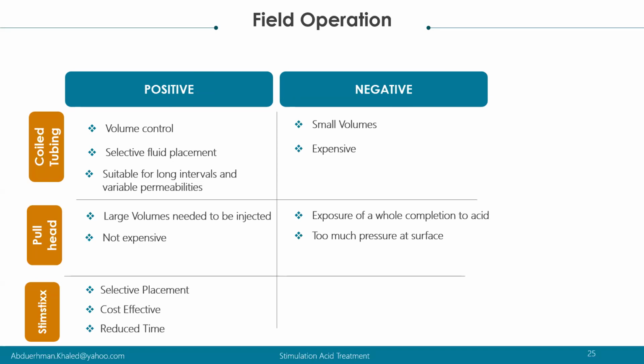When it reaches the interval that needs to be stimulated, the temperature increases to very high temperatures, and then it enters the formations. The main advantage is that the acid is generated across the formations in a heated vapor state, and you can select the exact placement that you need, and it eliminates the contamination and dilution of liquid acid during the placement, and also it's a low viscosity vapor.